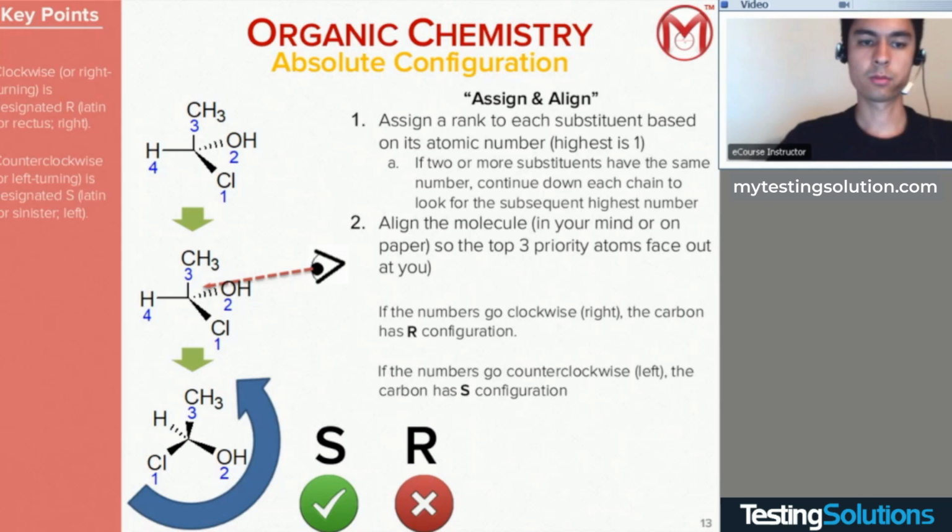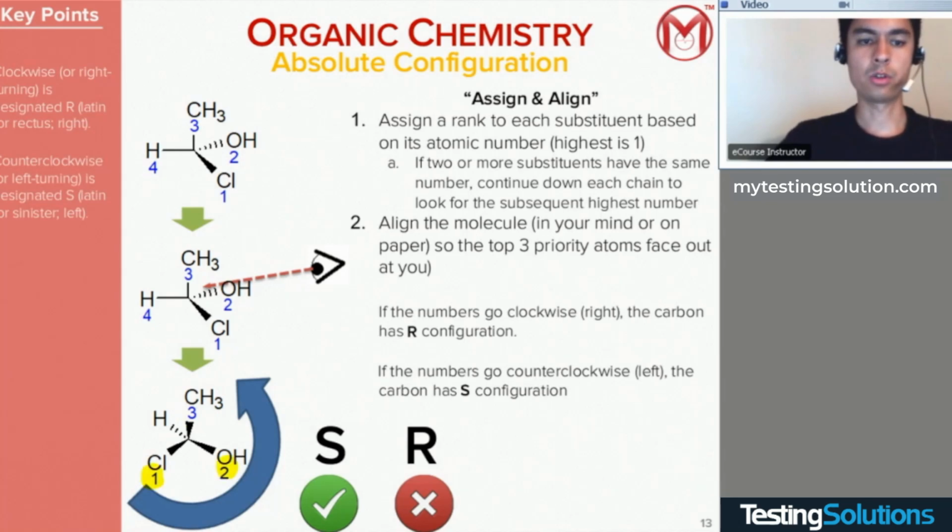When you're looking at it from that correct angle, you go 1, 2, 3, your primary functional groups. If they go counterclockwise, it is S, which is Latin for sinister, which is left. R is to the right. R is rectus, or clockwise.